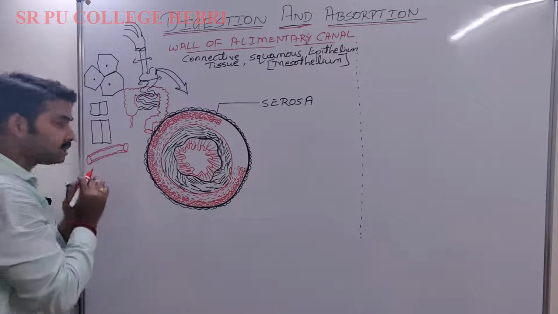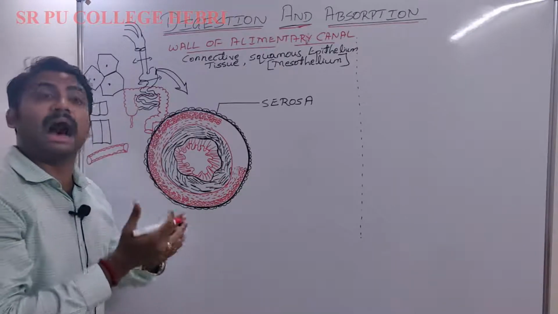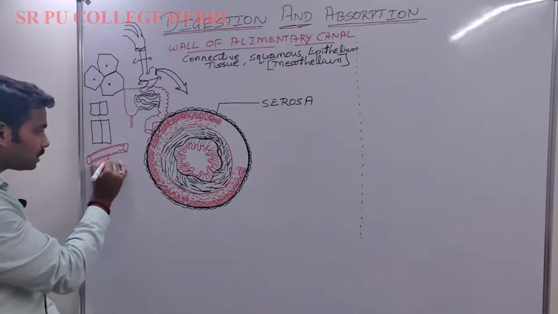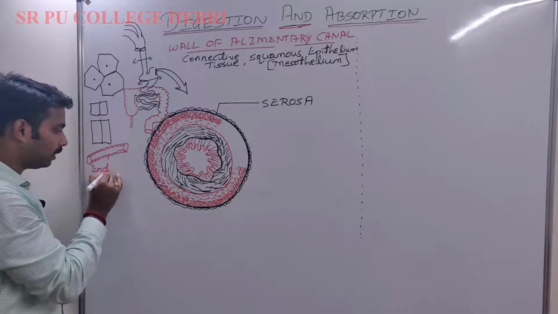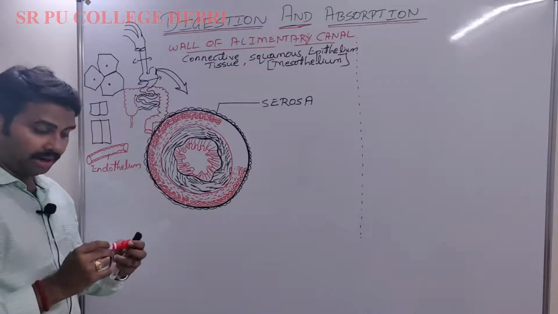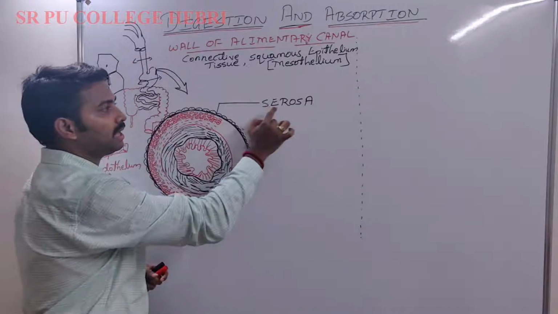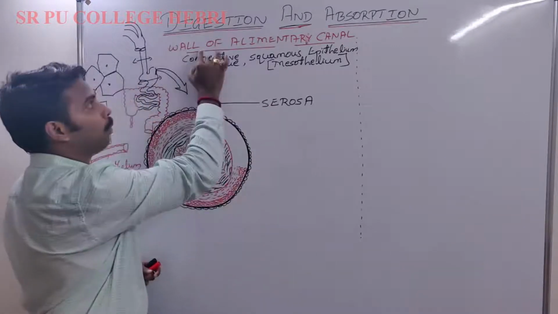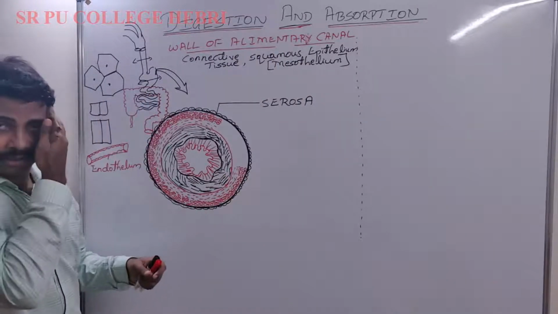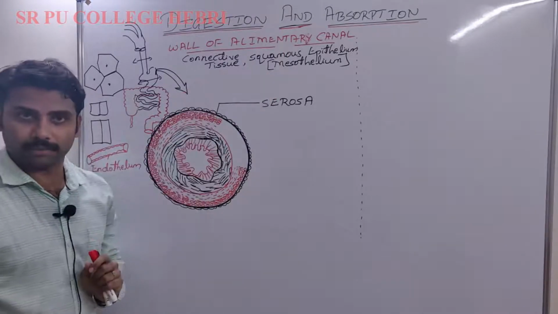When squamous epithelium is found lining the blood vessels like arteries, veins, capillaries, such squamous epithelium is called endothelium. Clear? But when the squamous epithelium is found in the outermost layer called serosa of the wall of the alimentary canal, then it is called mesothelium. These two terms are very important, and understand the meaning.